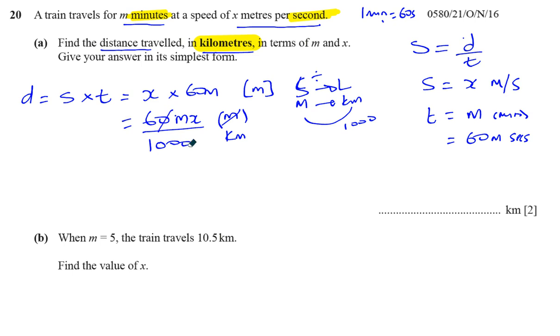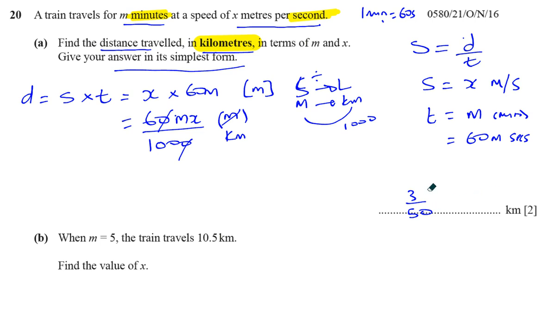Simplify it. Give your answer in its simplest form. Even if it didn't say that, it's best to do that anyway. Divide both of them by 10, numerator and denominator, and then we got 6 over 100, which is the same as 3 over 50. So I can write it as 3 over 50 kilometers. Okay? I can write that as a decimal if I want.